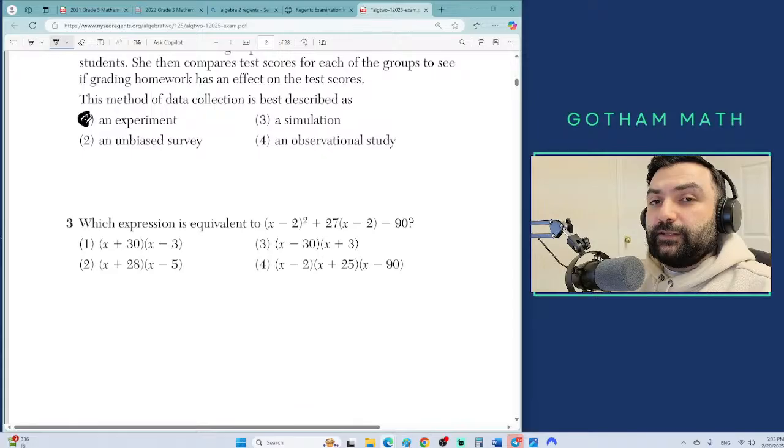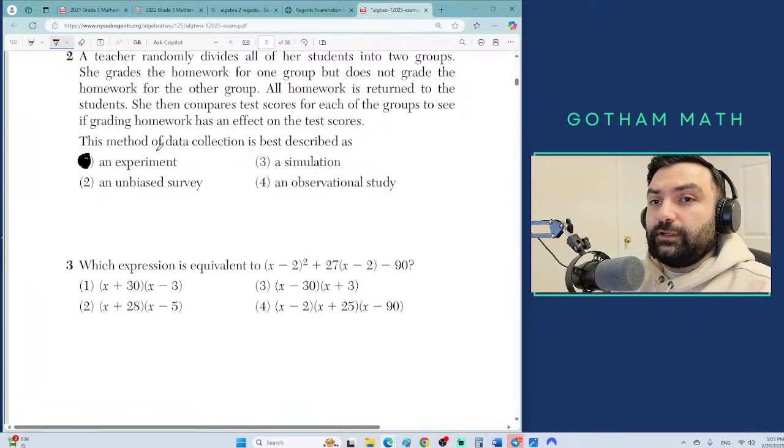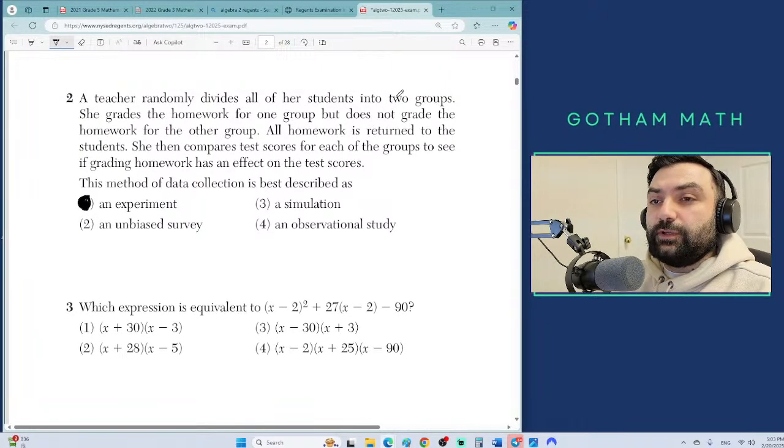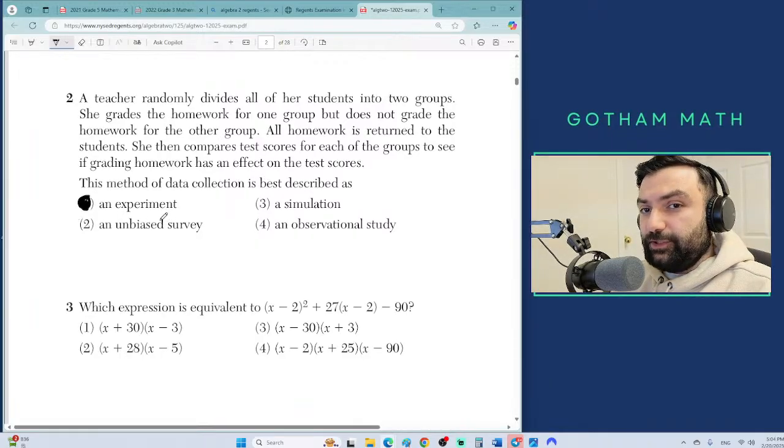Why? Basically the idea of splitting what you're checking into two groups is called a control group and the other group. So this idea is called an experiment, just by the definition and by this particular method.